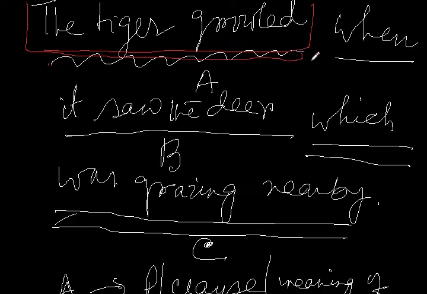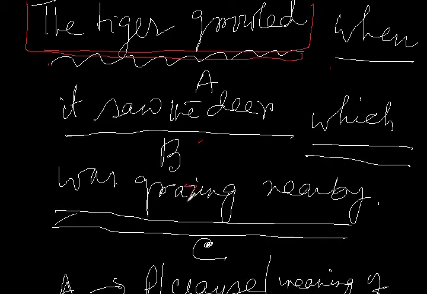Now look at the next part. When it saw the deer tells the time when. When did the tiger growl? When it saw the deer. That means it modifies the verb growled. So it's an adverbial clause, part B. And look at part C, which was grazing nearby.